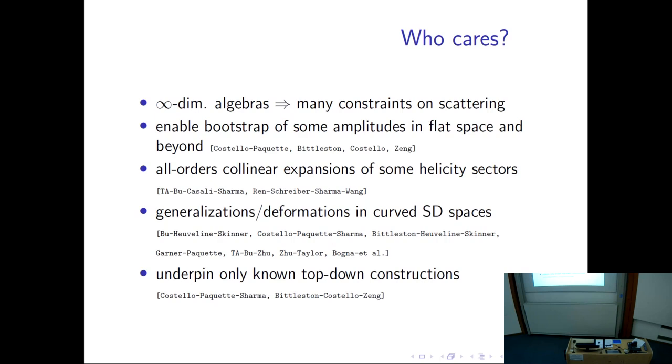These have been realized for, it's fair to say, quite exotic asymptotically flat spacetimes, but they're the only examples of concrete top-down constructions that we have so far. So these are the reasons why you should care about these celestial chiral algebras.